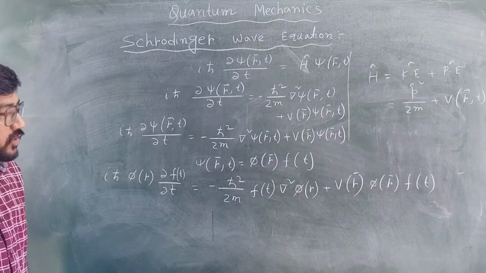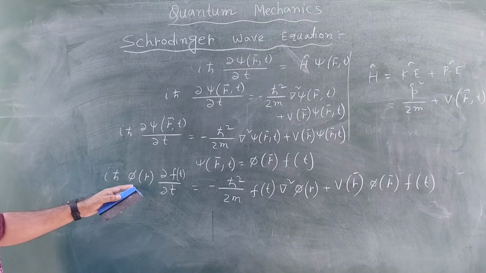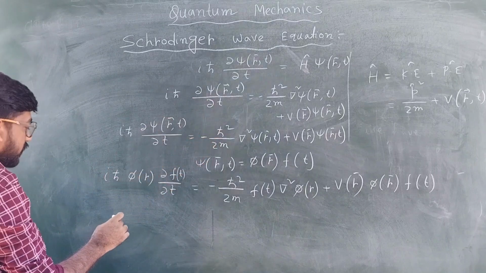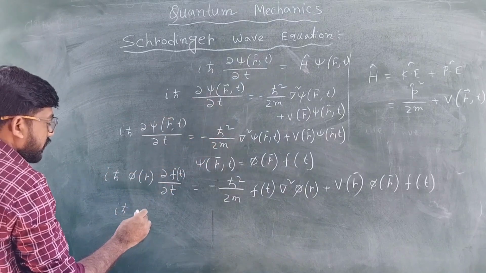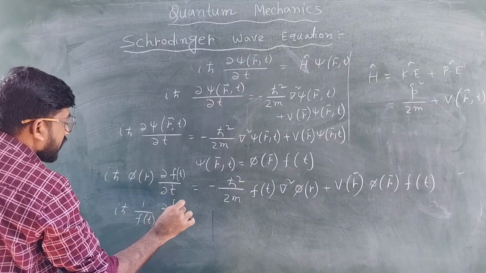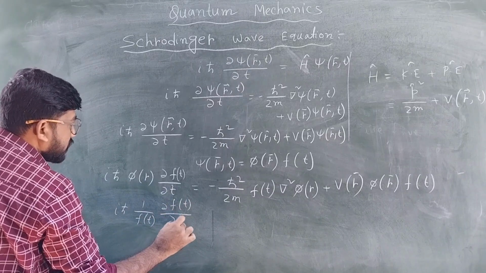Now what you have to do is divide the equation by φ of r into f of t. If you divide, then here you will get iħ into 1 upon f of t into ∂f(t)/∂t.